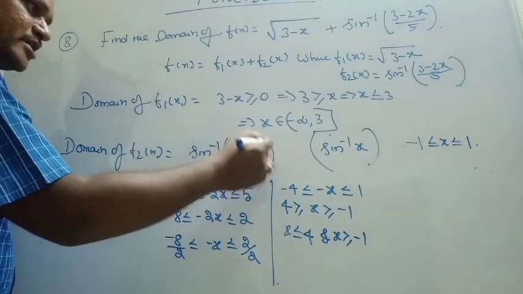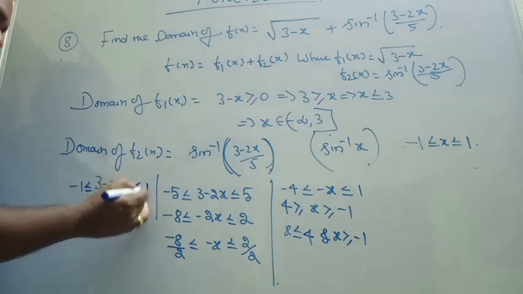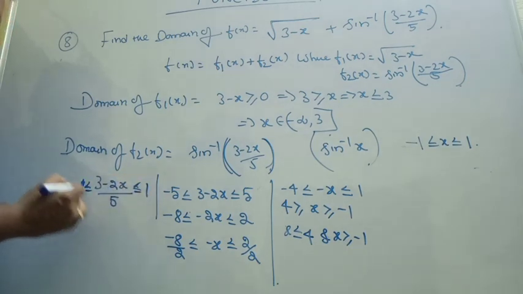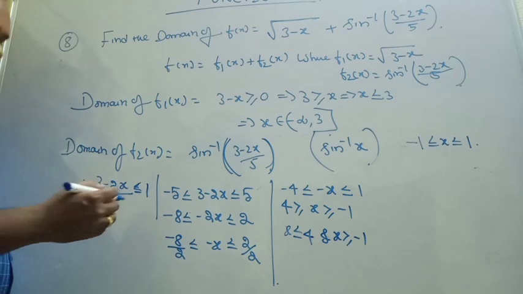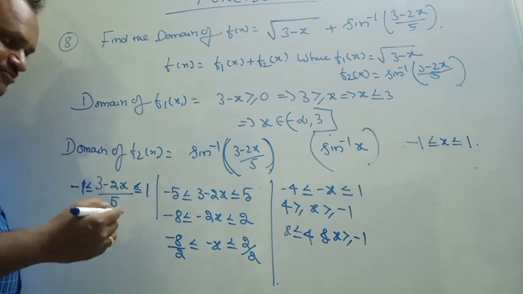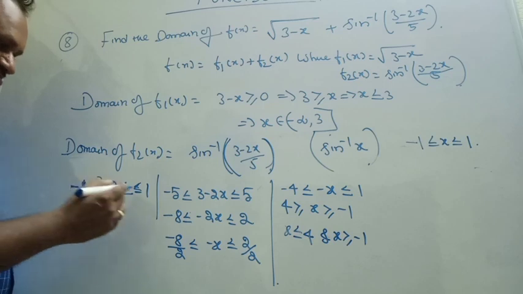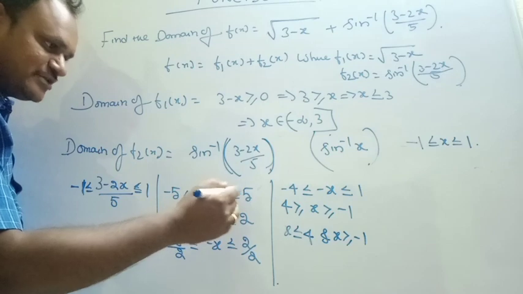Now this total thing, (3 minus 2x) by 5, should lie between minus 1 and 1, because the domain of sine inverse x lies between minus 1 and 1. Now let us find the x value. If this lies between minus 1 and 1, I just multiply by 5, then I will have minus 5 less than or equal to 3 minus 2x less than or equal to 5.